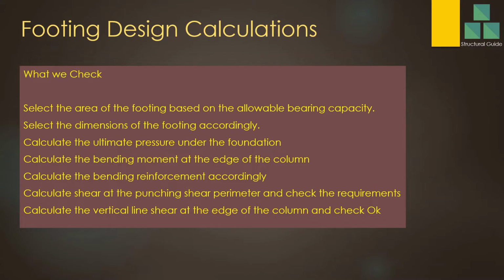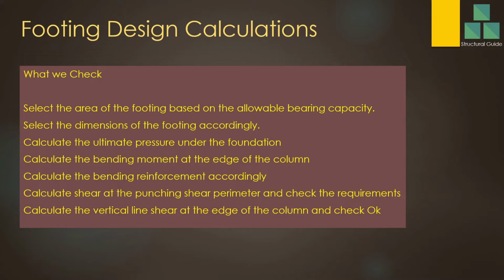Footing design calculations. What is the procedure and what are the checks we have to do? First, based on the allowable bearing capacity, we evaluate the area of the footing. Once we find the area, we can evaluate the dimensions of the footing. Once we finalize the dimensions based on the load, we can consider a certain thickness for the footing.